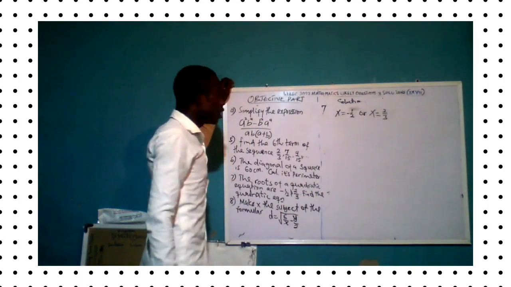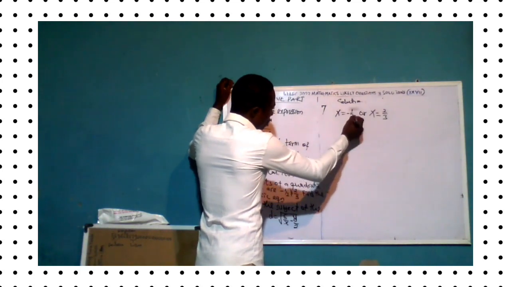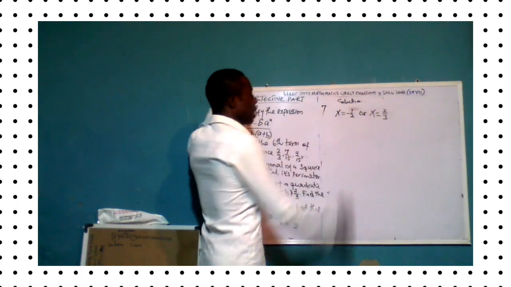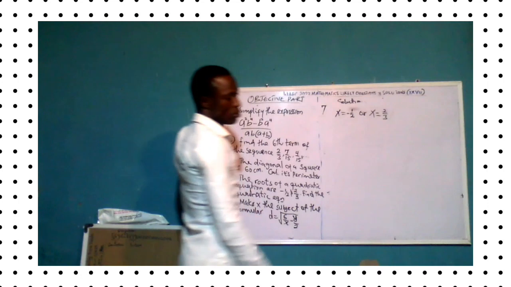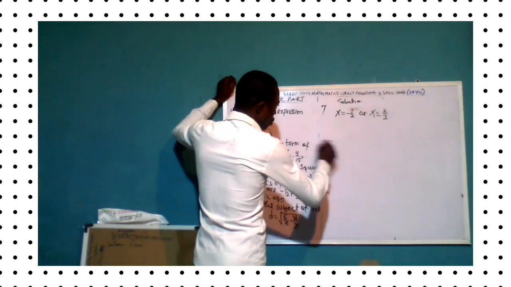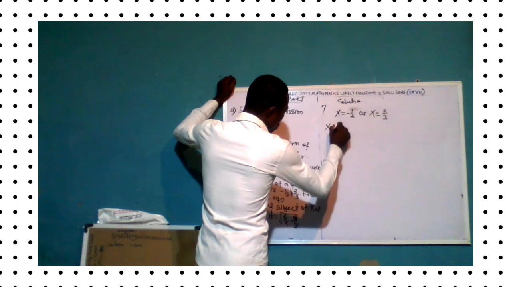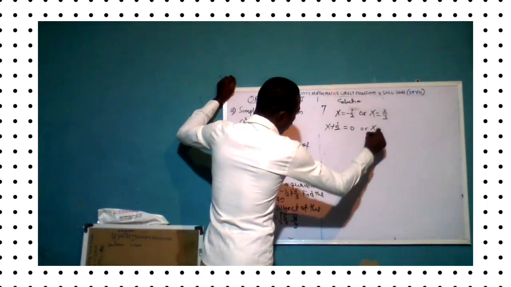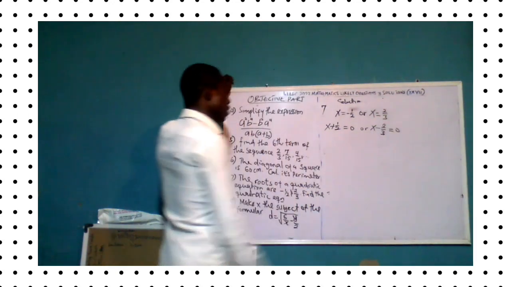Okay? Now from here, just bring this value from this side to this. Now from here, you can equate your equations to 0, right? Equate everything to 0. So you have x plus 1 all over 2 equal to 0, or x minus 2 over 3 equal to 0, right?